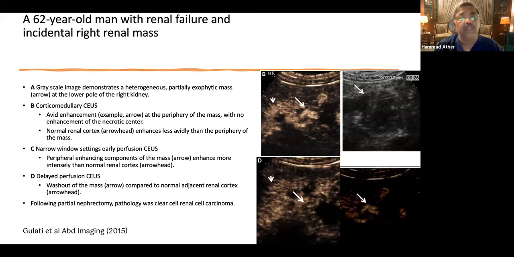So washout of the mass compared to the normal adjacent renal cortex, again, is indicative of a carcinoma rather than a benign lesion. So you can see that these are very subtle changes which have to be appreciated. And if you're really good with this tool, you can make a very quick diagnosis even at the patient's bedside using this technology. Basit, any words on this case?